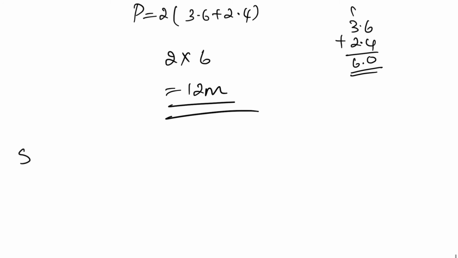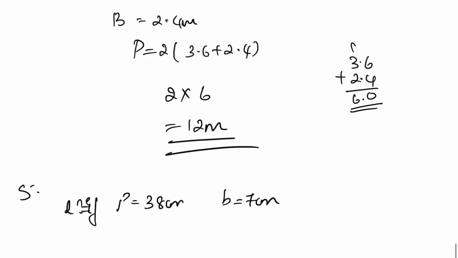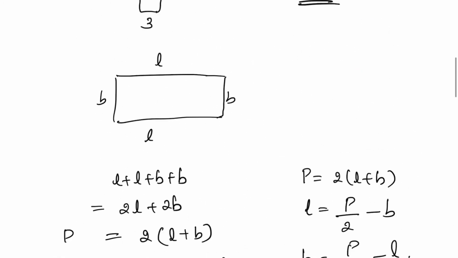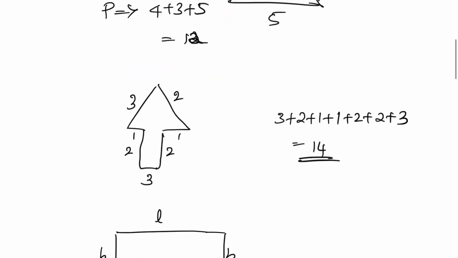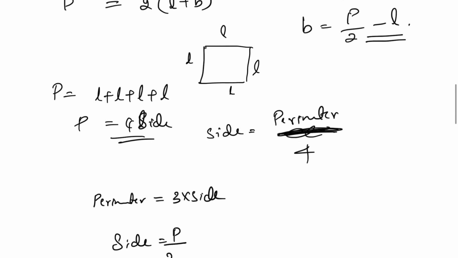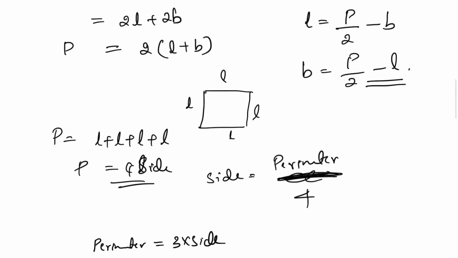Coming to the next main. If P denotes perimeter of rectangle, L is length and B is breadth. Find L if P is equal to 38 centimeter and B is equal to 7 centimeter. We have already written that formula as shown here.